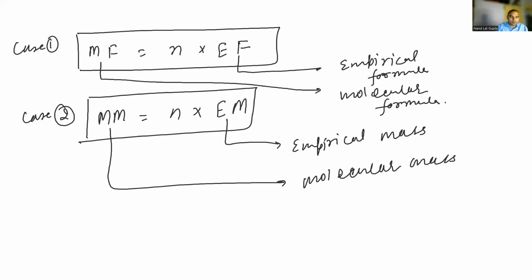I got all of them correct, but for the last one I didn't know the molecular mass, so I made a mistake. Can you do it by yourself or should I teach you? No, sir, I understood.